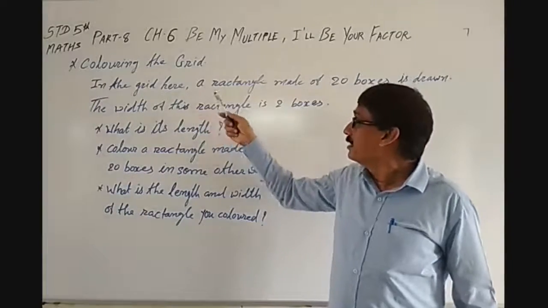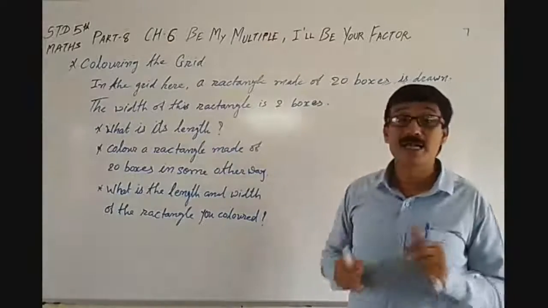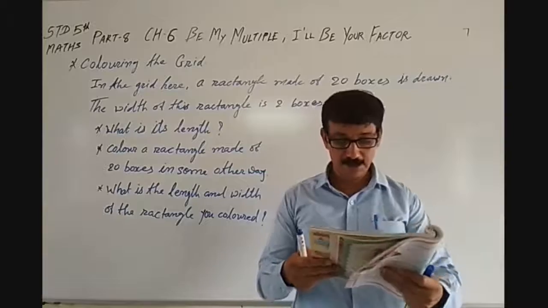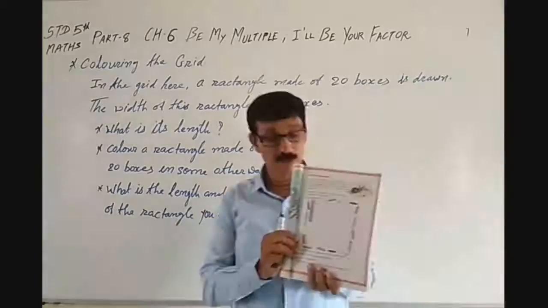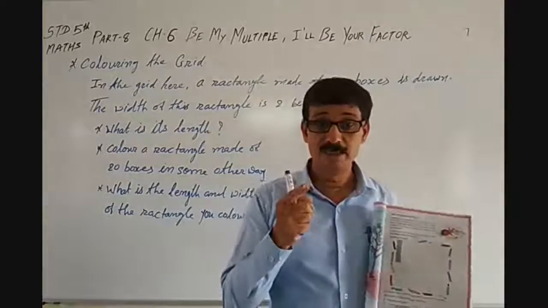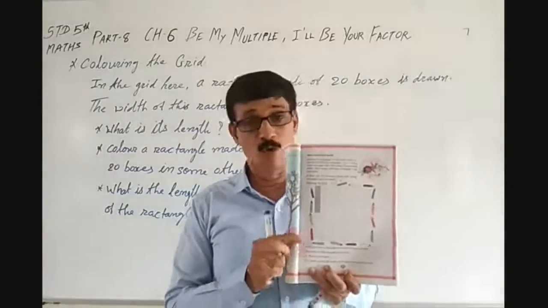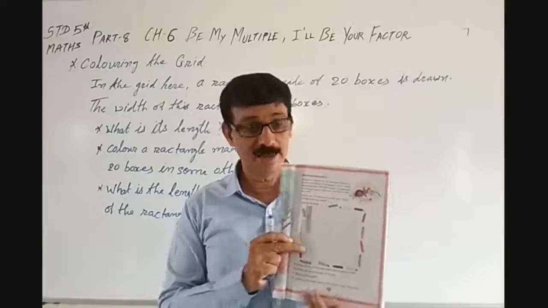In the grid here, a rectangle made of 20 boxes. Let's see this. It is on page number 93 here, and you must be on this page number 93. So open your page number 93.